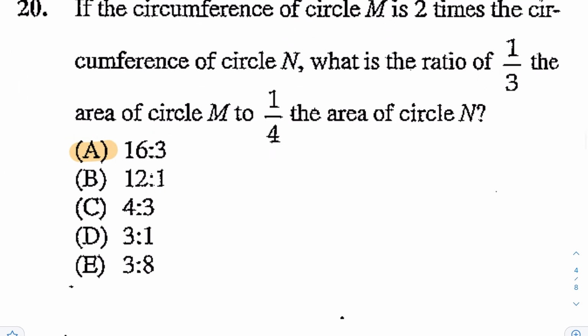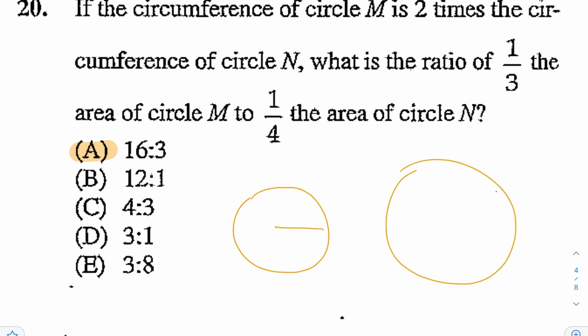Next, for number 20, the circumference of circle M is 2 times the circumference of circle N. What is the ratio of 1/3 of the area of circle M to 1/4 of the area of circle N? All right, so you have two circles, and you don't know the radii, so let's call them A and B. Now, the circumference of circle M, so we can call this one the larger one, circle M, the smaller one circle N. Circumference is 2 pi r.